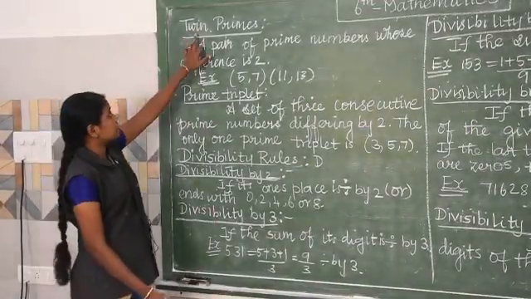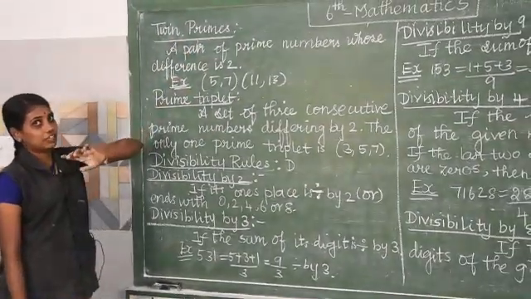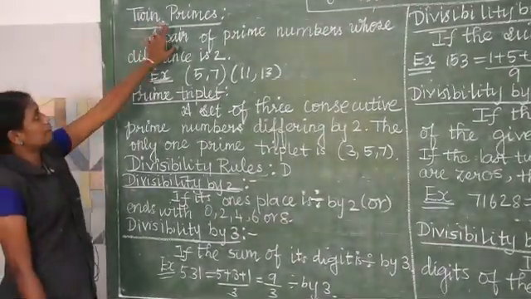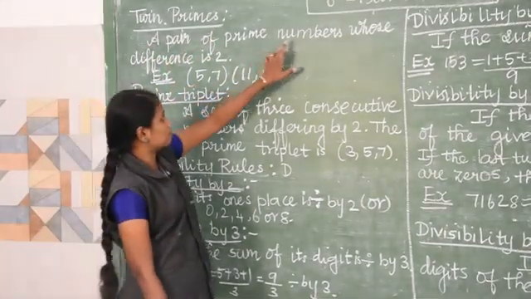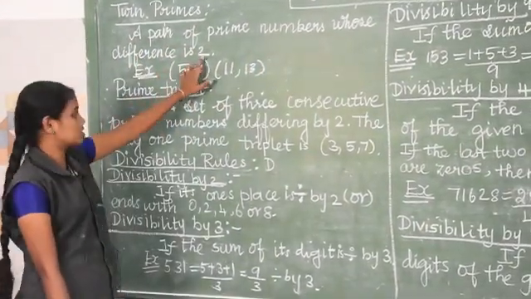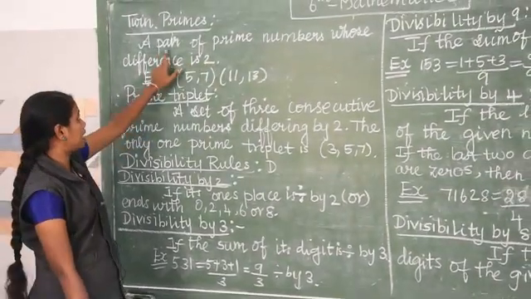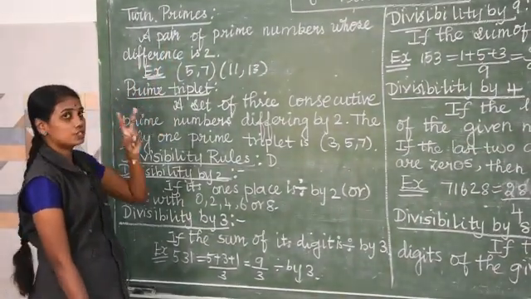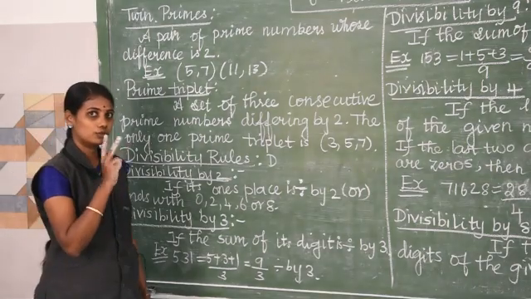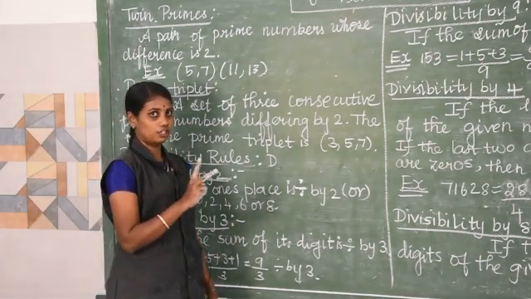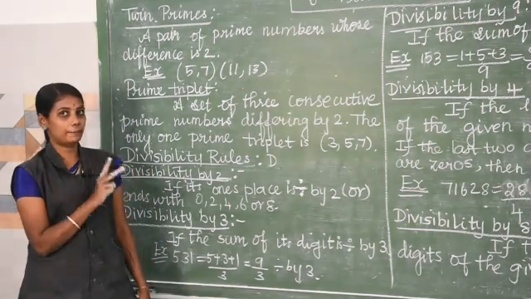Now we are going to see twin primes. Twin means 2. Twin primes are a pair of prime numbers whose difference is 2. A pair means 2 numbers whose difference is 2, and the 2 numbers must be prime numbers.